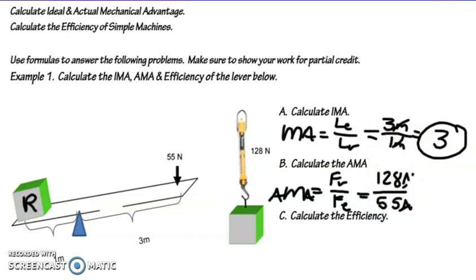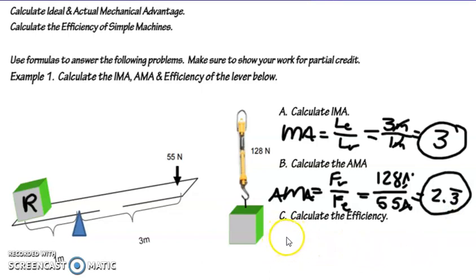Now I got an eraser on here. So when you take 128 and divide by 55, you get 2.3, and it keeps on repeating. So 2.3, and again, that is your mechanical advantage. This is what would actually come out of the machine when you're actually doing it. So notice that it is not real efficient there. I mean, it's pretty efficient, but there's something going on there. Probably a lot of friction going on.